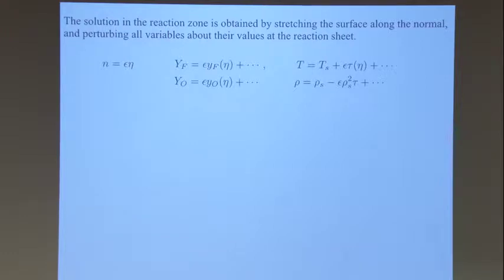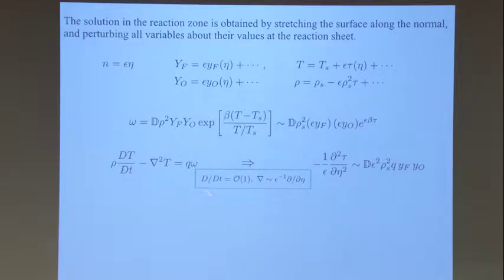So eta will be a coordinate that describes the boundary layer, if you like. The fuel is nearly consumed, so it's a small amount. The oxidizer is nearly consumed, so it's a small amount. Temperature varies a little bit from the stoichiometric temperature, so tau is the variation of temperature. And since rho times T is 1, then the density clearly will be related to this tau in this fashion.